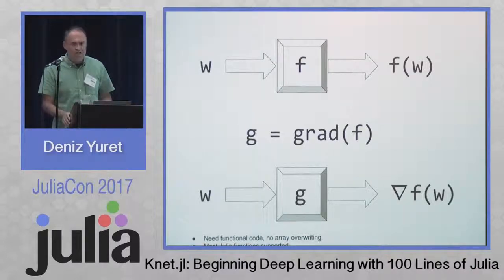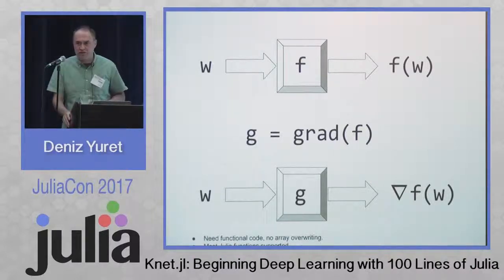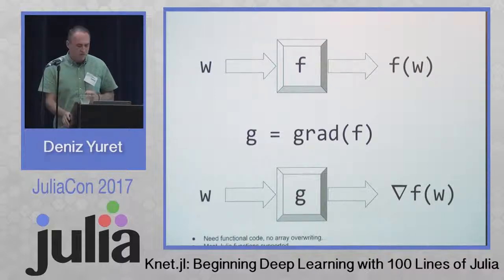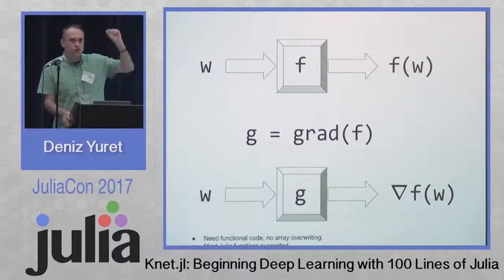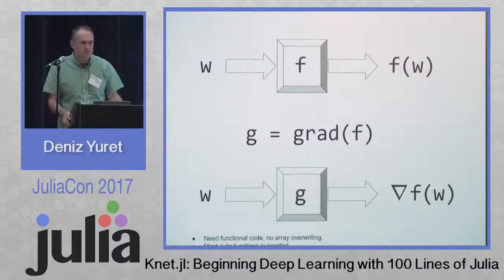If you use the grad higher order function to generate g, the gradient, the job of g is to take the exact same inputs as f, but instead of returning a value, it returns the gradient, which has the exact shape and size as w. It's basically telling you, for each entry of w, how much the output will move if I move this input by an epsilon. Okay, so that's the gradient.